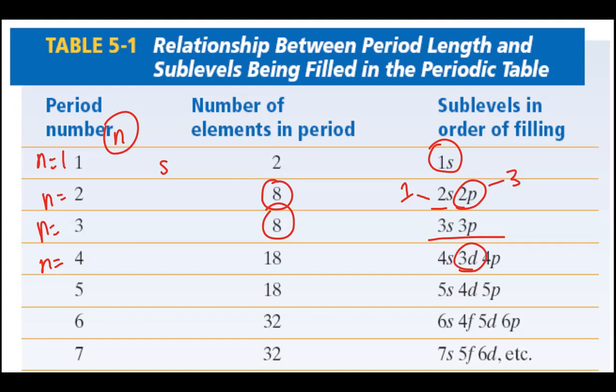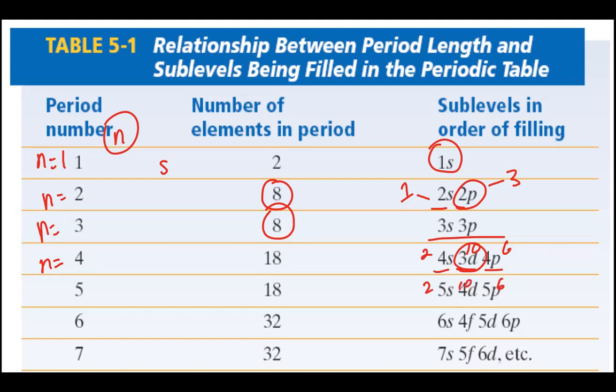So in period 4, we have 4s, 3d, and 4p for a total of 18. There's 2 from 4s, 10 from 3d, and 6 from 4p. Then we go to period 5, and we have the same thing. We've got 2 from 5s, 10 from 4d, and 6 from 5p.